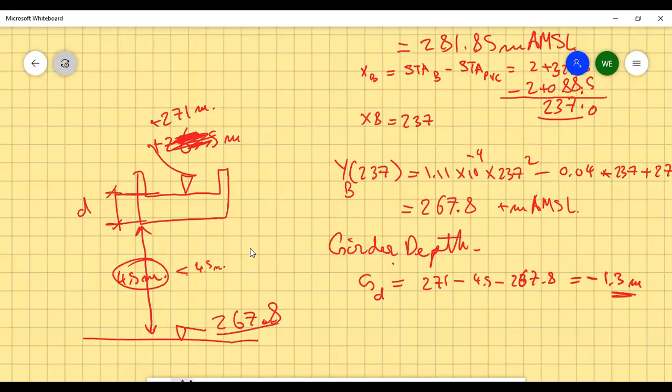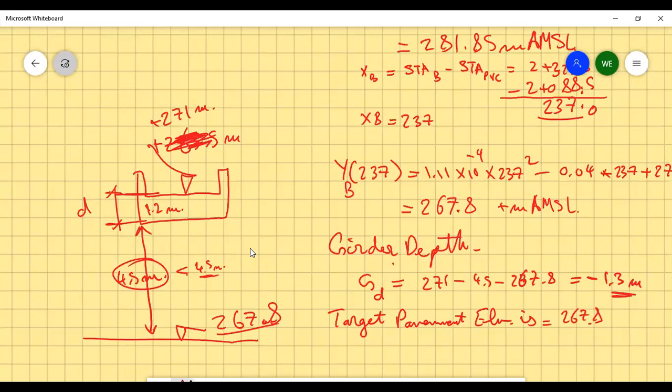How much is this distance? 1.3. That's to meet this criteria. Then we are going to assume that we need a girder to be at 1.2 meters depth. So basically the target pavement elevation is 267.8.